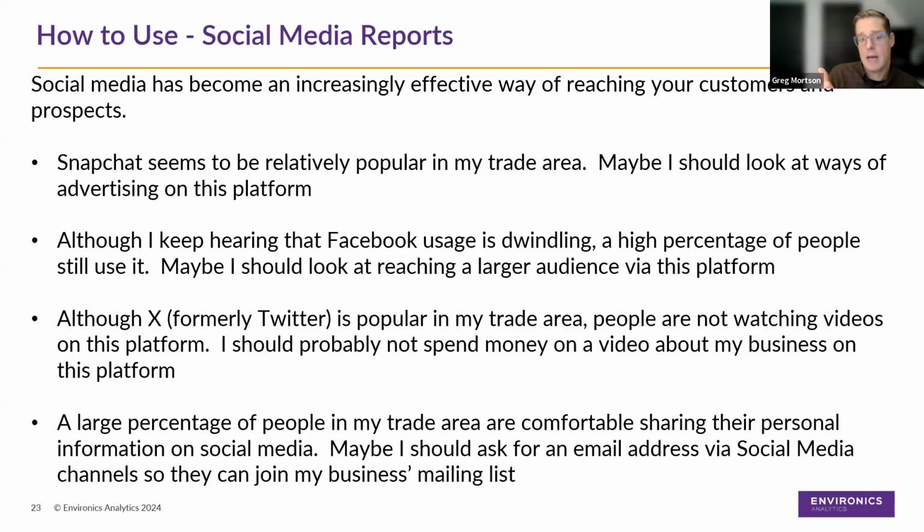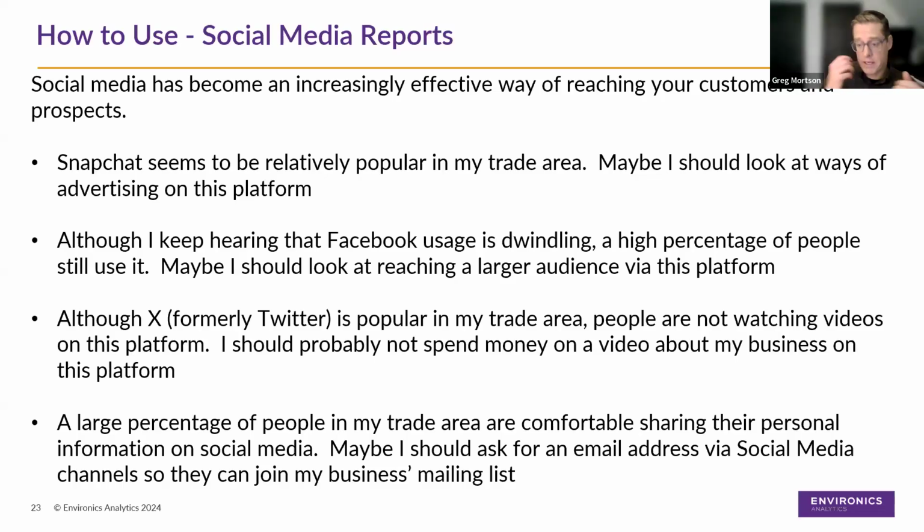Also, Twitter or X, we have information there as well. Maybe I see that people don't tend to watch videos through Twitter. That's fine. Maybe I shouldn't spend money on that video I was planning for Twitter. Oftentimes, you're also able to see whether people are comfortable sharing personal information on social media in my trade area.